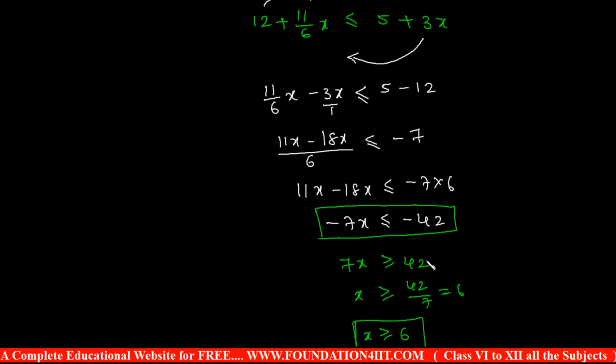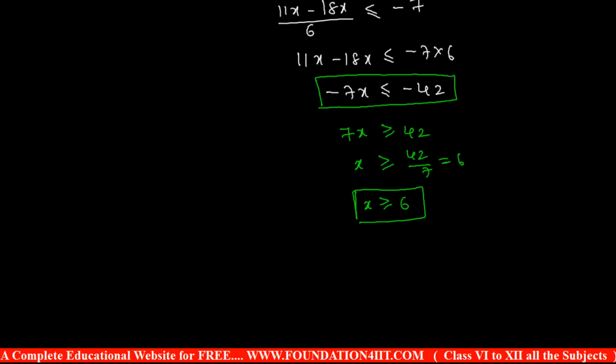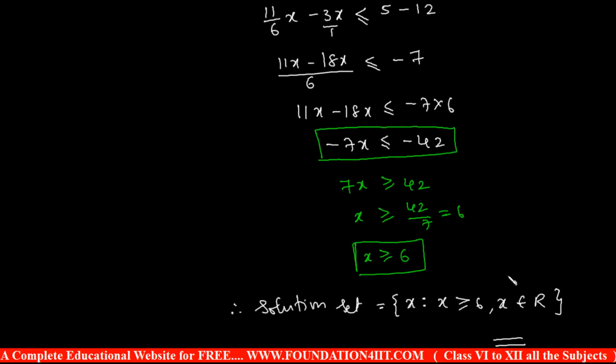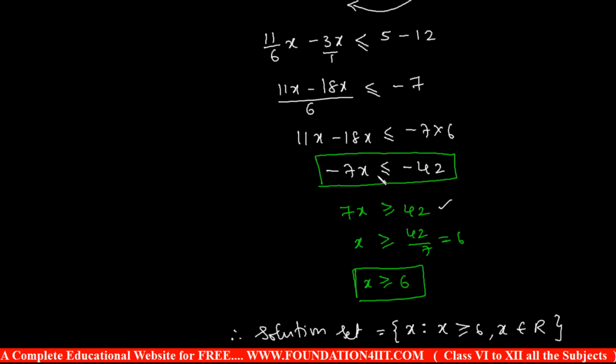Then from this you can write the final step. Therefore, solution set is x such that x is greater than or equal to 6 and x belongs to the real numbers. In the notation we can write like this. The important step here is that I multiplied both sides by minus 1.